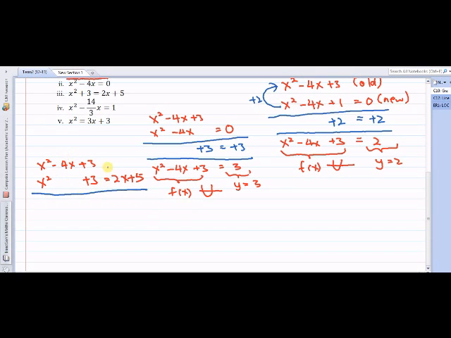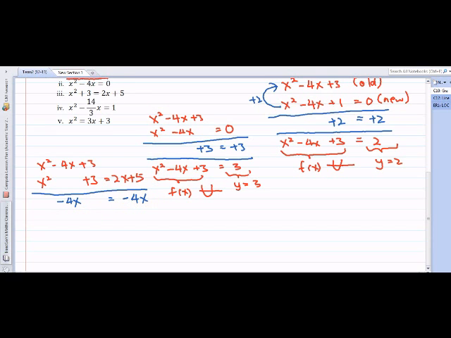Now, comparing the new and the old equations and finding their difference: x squared minus x squared is equal to 0. Negative 4x minus 0 is equal to negative 4x. 3 minus 3 is equal to 0. So whatever we do at the left hand side, we need to redo again at the right hand side.